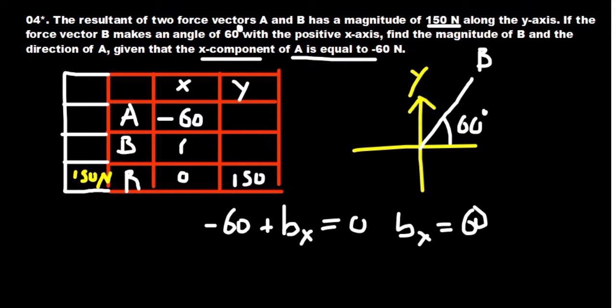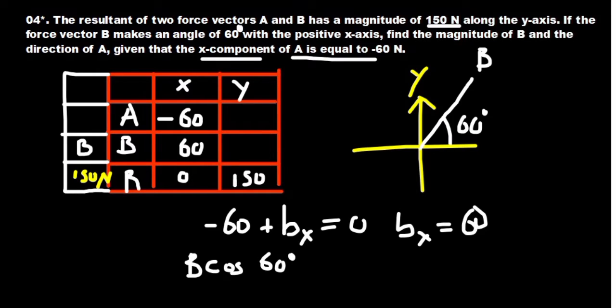But we also know the direction of B. How else can we find it? Let the magnitude of B be B. Then the magnitude of B cosine 60 should be equal to its x component, because this is the way we find the x component.